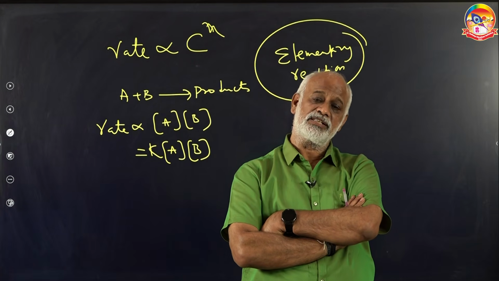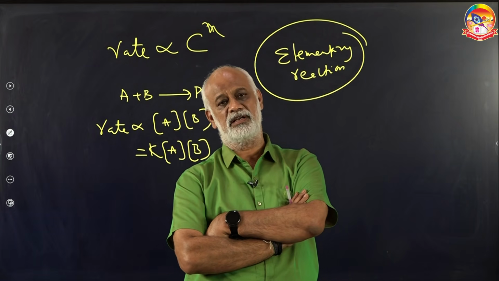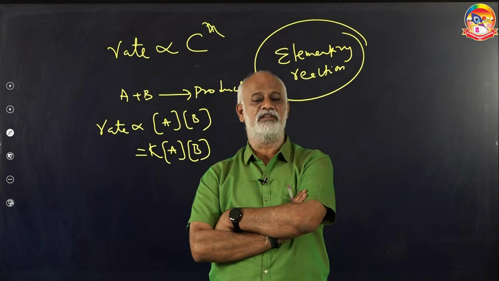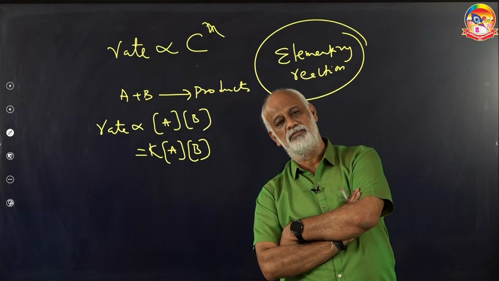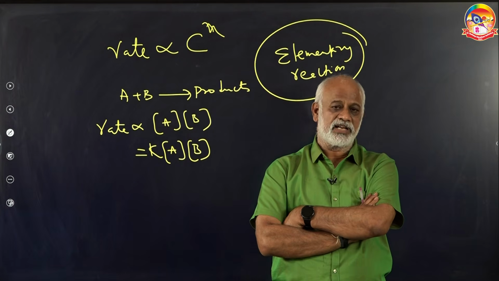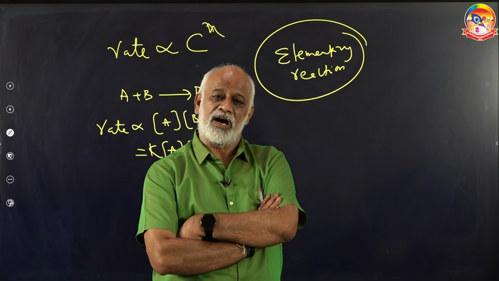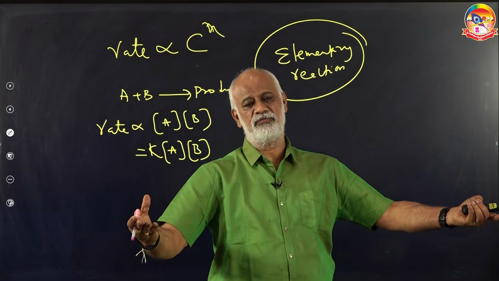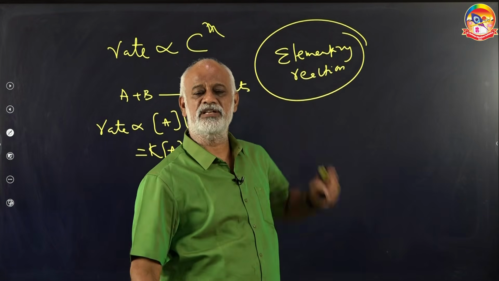Then the question is, what exactly is the important thing in this particular mechanism? The slowest step is the most important one. What is the reason that the slowest step is the most important one? For a given reaction, if there are 3 steps, of the 3 steps, one will be the slowest of all. All may be fast, among them the slowest. All may be slow, among them the slowest is important.